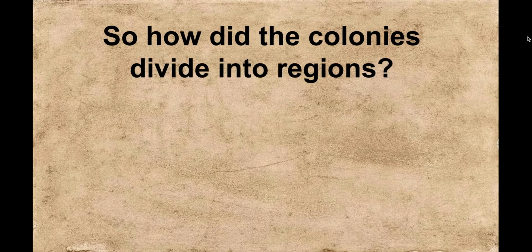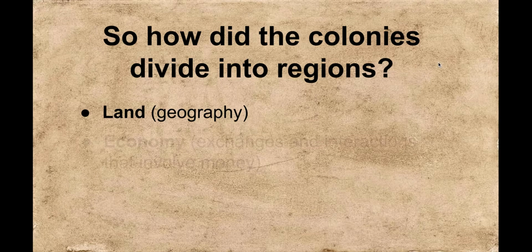So, with that being the case, how did our colonies actually get divided into regions? Simply put, it was across four, give or take, categories. The first one had to do with land, and in this case, the lay of the land, so geography. When it came to the colonies, a lot of that had to do with how good the land was for farming, so how much agriculture they could actually do.